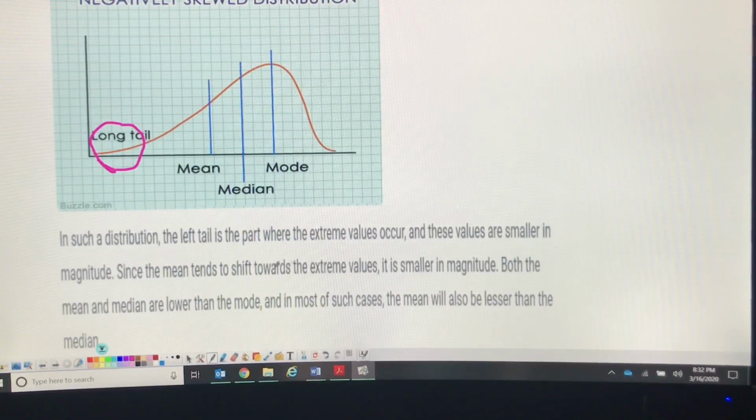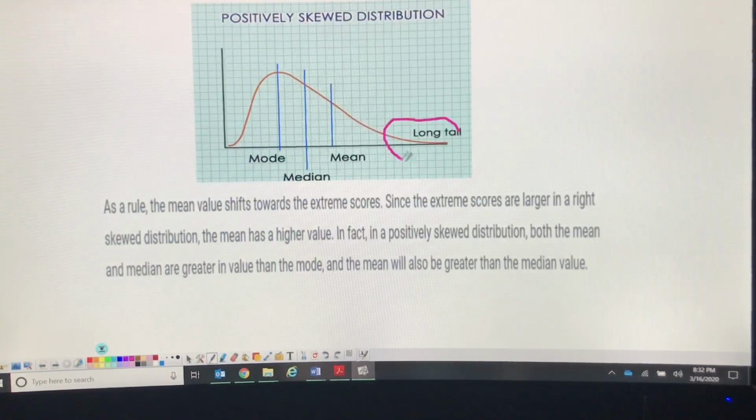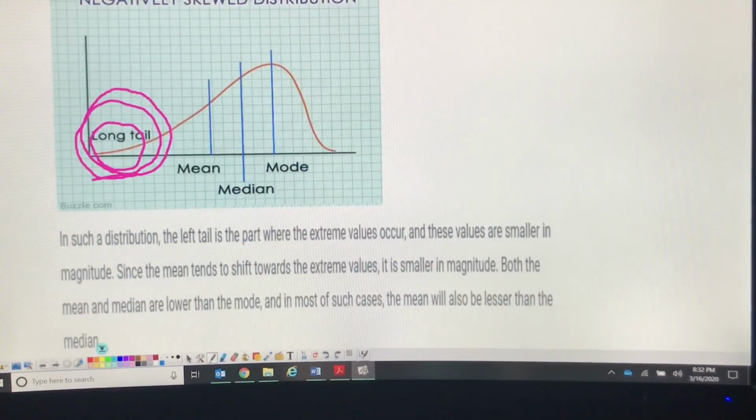Therefore, it shifts the mean towards the lower end of the values. It brings our mean value down. The median also is lower than the mode. If you have more outliers in a smaller value, our mean is decreased. When you have higher outliers, our mean is increased. Therefore, this one is negatively skewed.